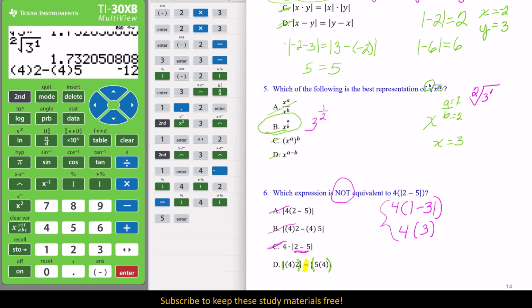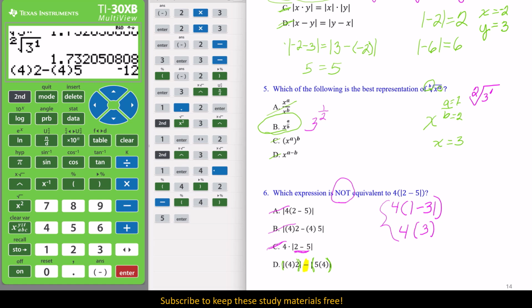So let me type that out without the absolute value. Well, look, that's what we have up here, and that's negative, and it's not inside of an absolute value.